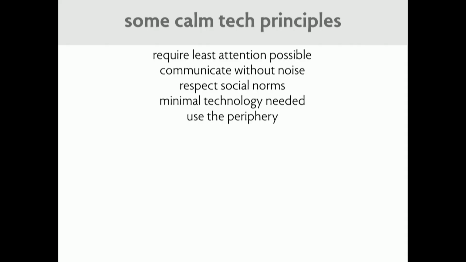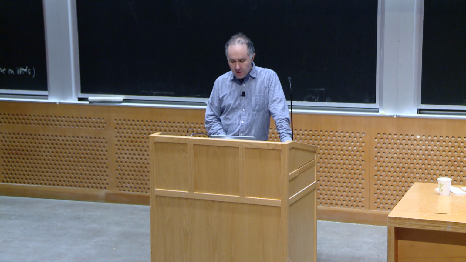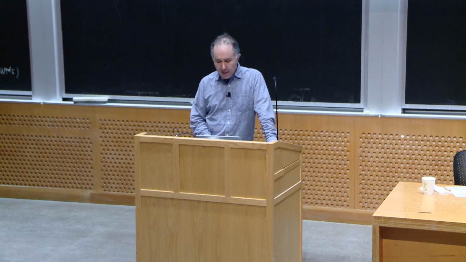She has a list of principles in her book, and they include things like not demanding attention from the user, trying to communicate without noise. So instead of buzzing and ringing, gently flash lights. And use a minimal amount of technology and use peripheral vision. Okay, so that's the criterion of pleasantness.